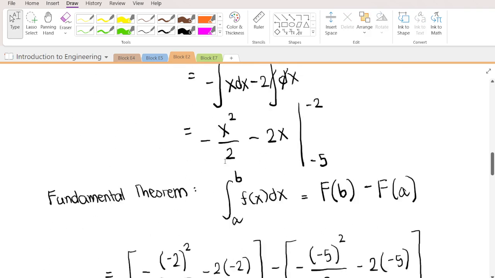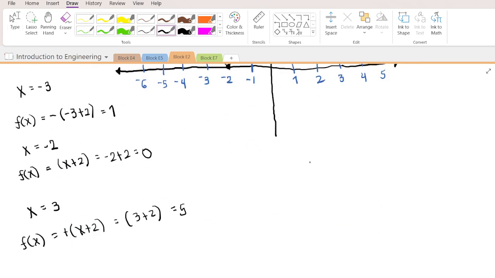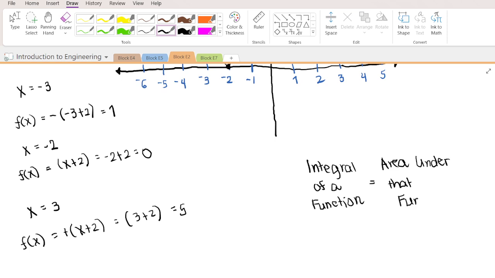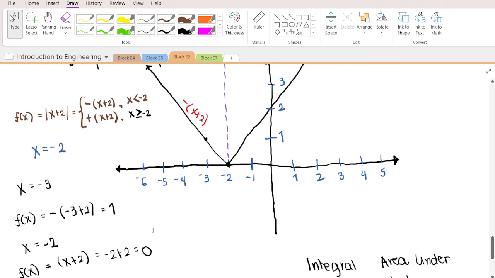So actually, class, the integral of a function, in the actual sense, is the area under that function. So later you will appreciate that integral calculus is actually useful to get the area under the curve or under the function.